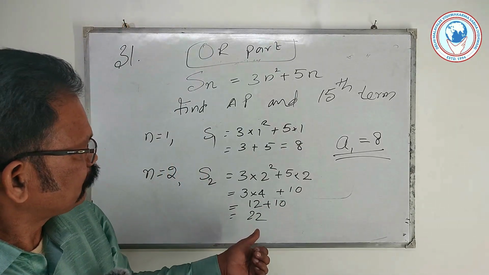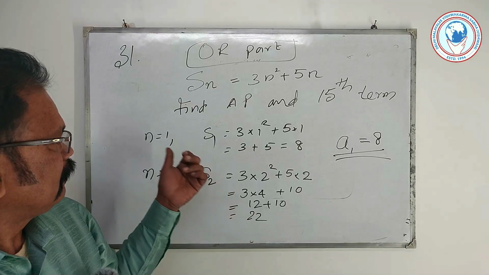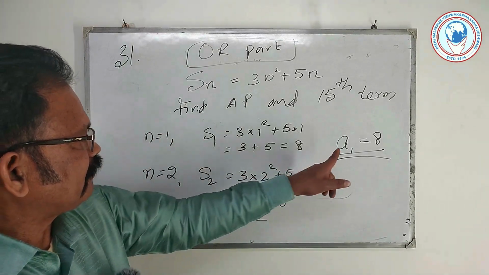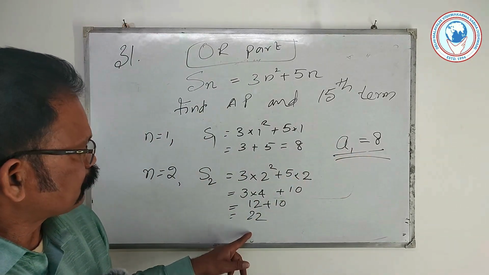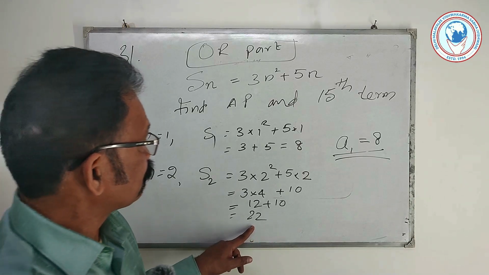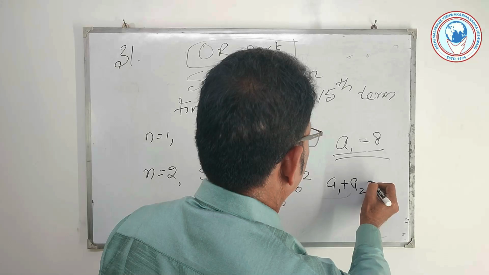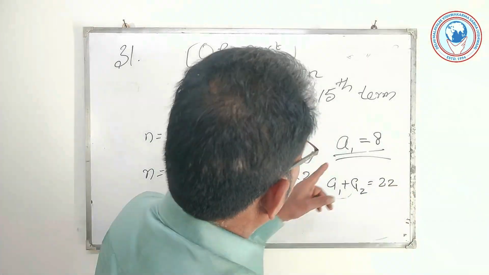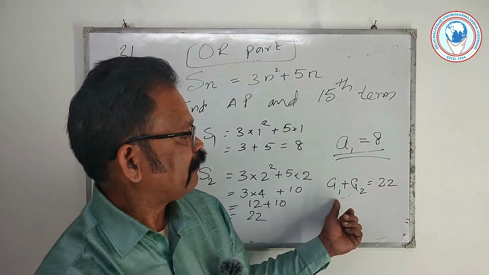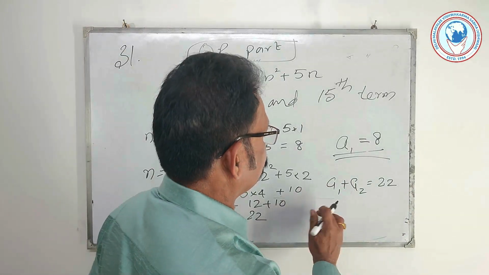That is, the sum of two terms is equal to 22. Sum of one term, that is a1, is equal to 8. Two terms sum means a1 plus a2 equal to 22. Here we got a1 is equal to 8, a1 plus a2 is equal to 22.